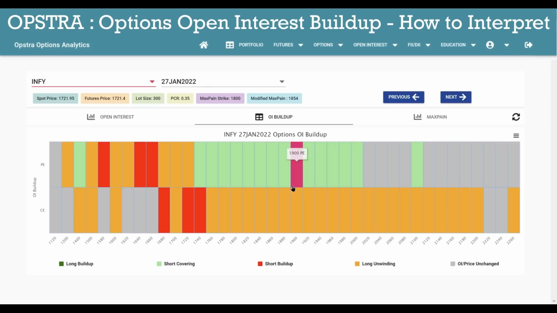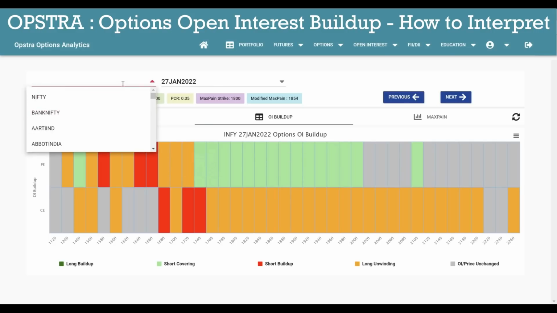Then you're in the right direction. But if they're not in sync, then either you reduce your positions or be very careful. Let the options open interest build up and see which side it is going, and then only take a position.